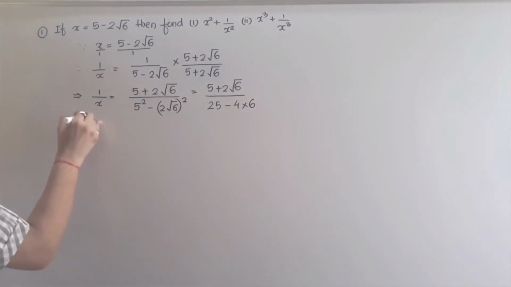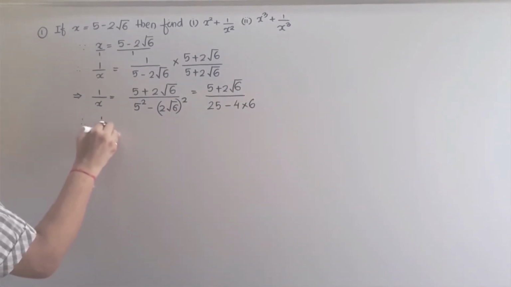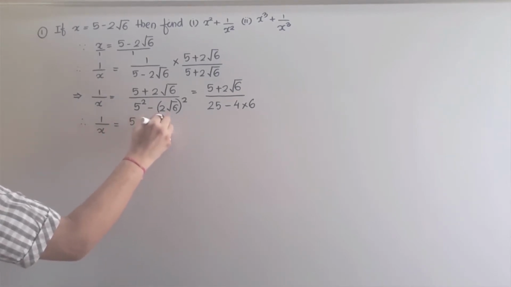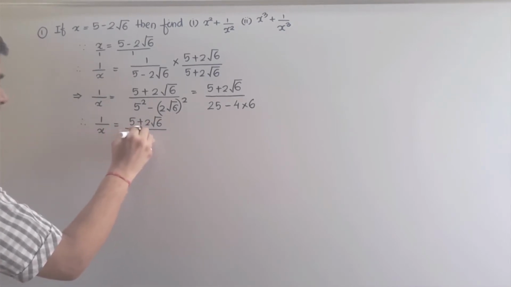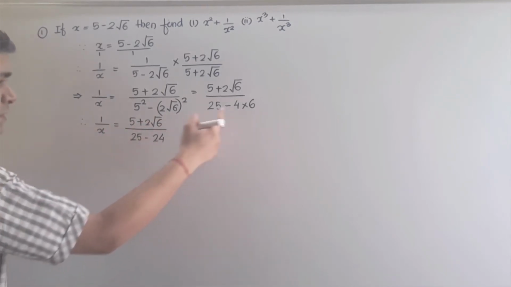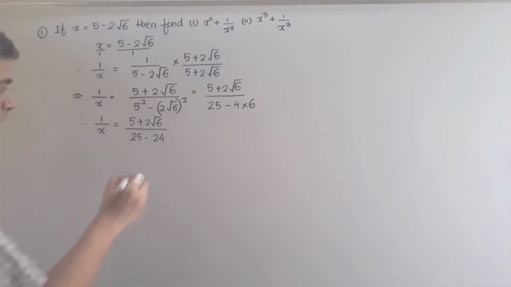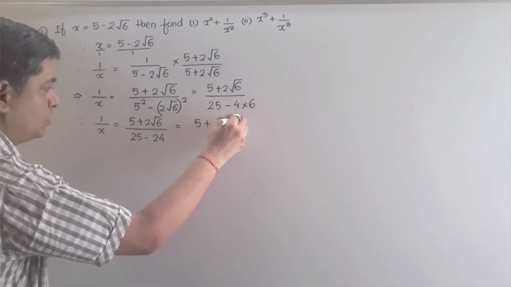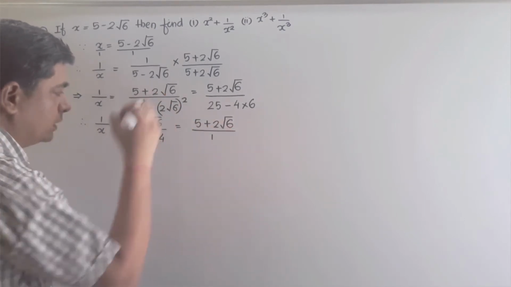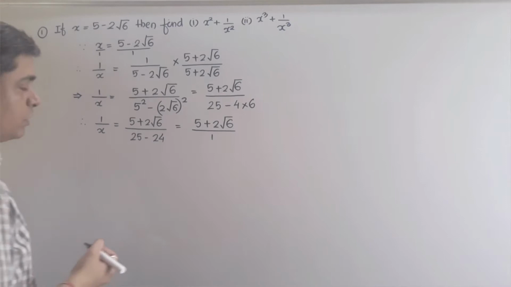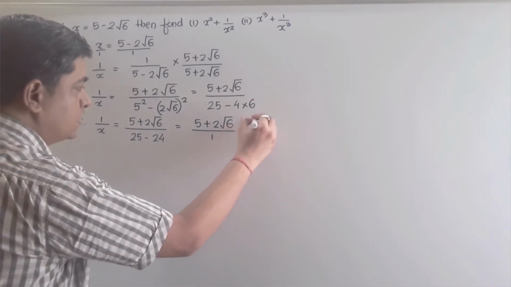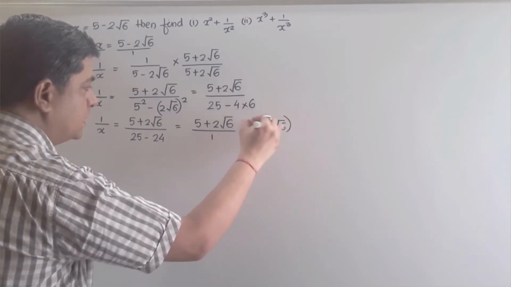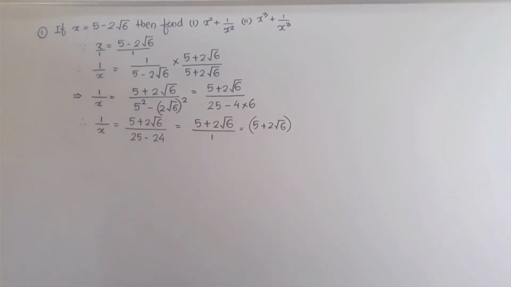So the value of 1 upon x will be equal to 5 plus 2 under root of 6 upon 25 minus 24, because 6 into 4 will become 24. So it will be 5 plus 2 under root of 6 upon 1. Since there is no need to write 1 in the denominator, the final value will be 5 plus 2 under root of 6. This will be the value of 1 upon x.